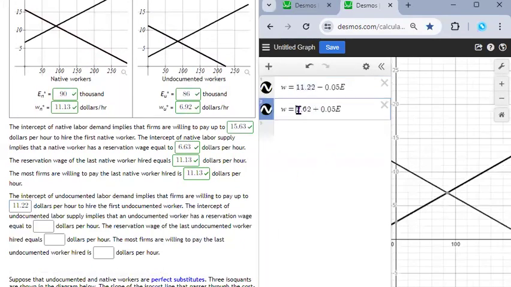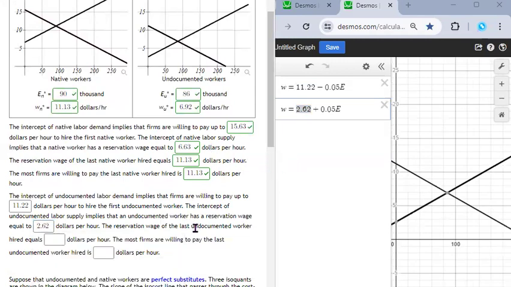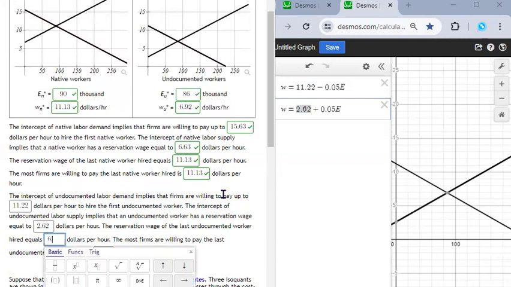The intercept of the labor supply curve is the reservation wage of at least one undocumented worker, in this case 2.62, right? Then the reservation wage of the last undocumented worker hired, and the wage firms are willing to pay that last undocumented worker hired, is the market wage rate of 6.92.